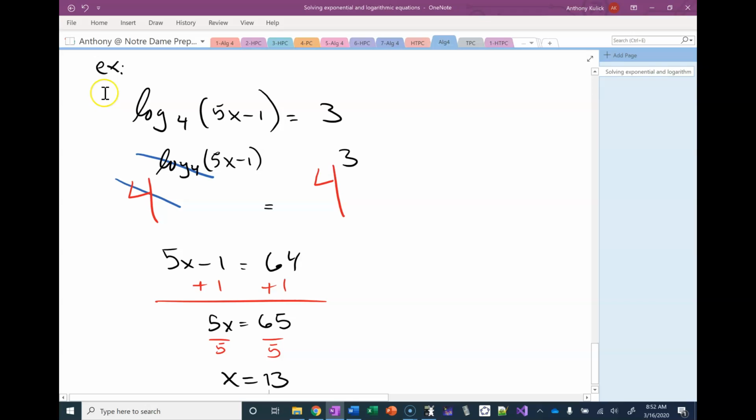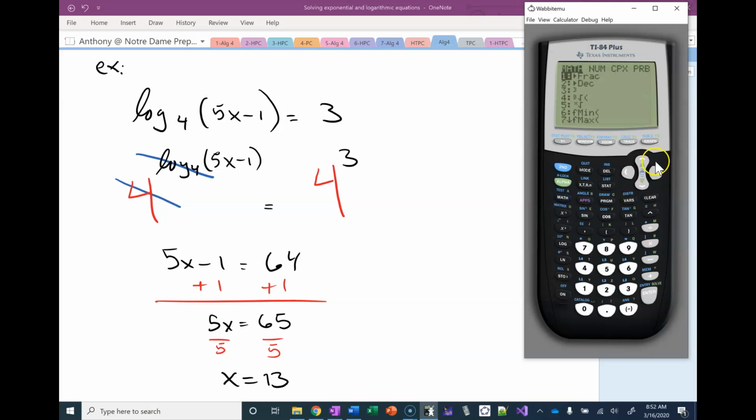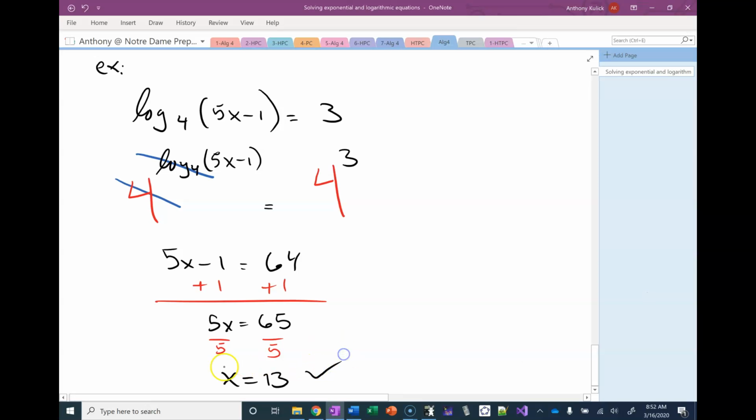And since I have only variables on one side of this equation, I just need to see if I get 3 as my answer from the left-hand side. So, log base 4 of 5 times 13 minus 1. And I do indeed get 3, so I know this answer is correct. Put a check mark next to it and box it up.